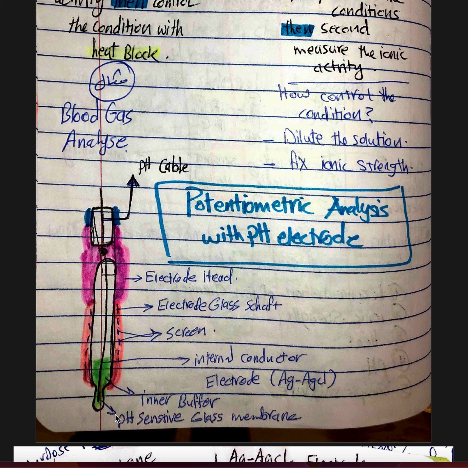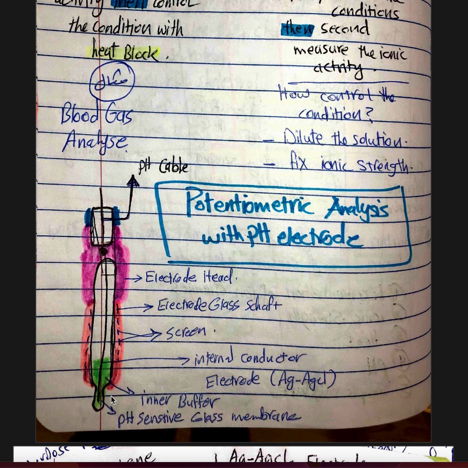So this is the pH electrode. We want to analyze these parts: the electrode head, the glass, the screen, and the internal conductor, which is formed of AgCl, and here the inner buffer and the pH sensitive glass membrane.